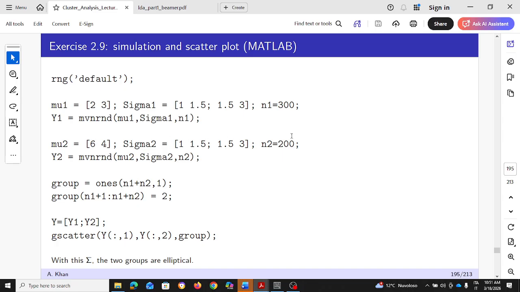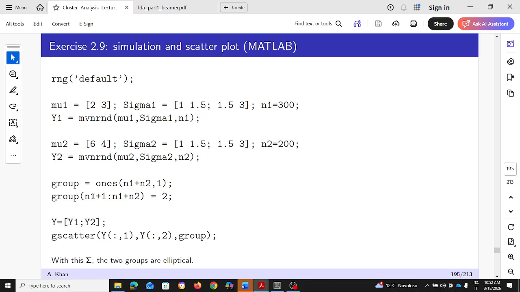And then we take points. Group 1 is from point number 1 to 300, N1, and we label it with 1. In group 2, we start now from 301.